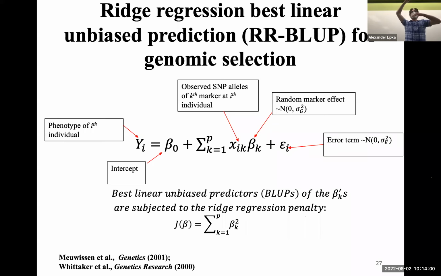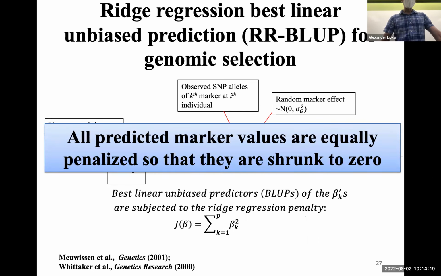What this means is that instead of equaling any possible value from negative infinity to positive infinity, the ridge penalty sets a finite boundary of possible values that your marker effects can equal. All marker effects are equally penalized so that they are shrunk toward zero.